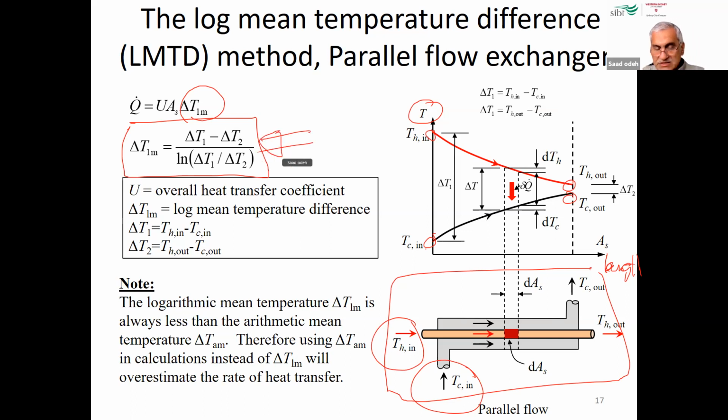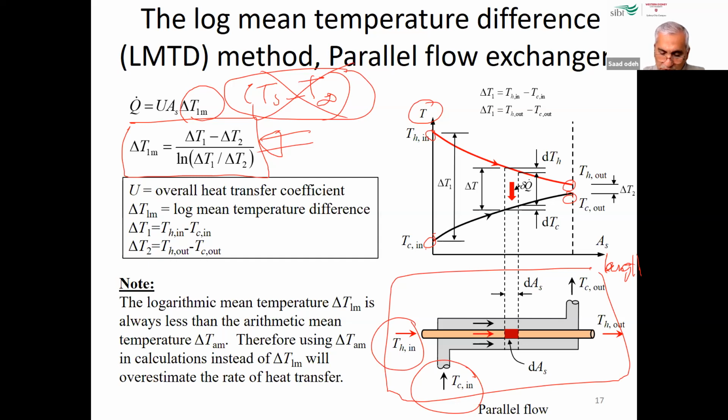So this is how to find out the temperature difference in heat exchangers. So we don't use, let's say, T_s minus T fluid. This is not used here. We use the delta T_LM, which is the logarithmic mean temperature difference.